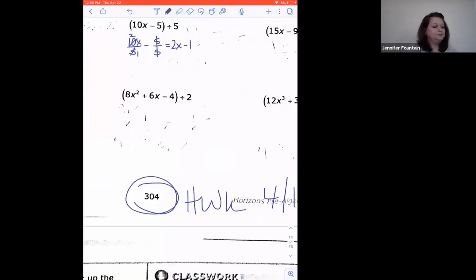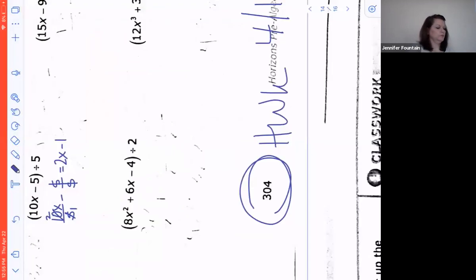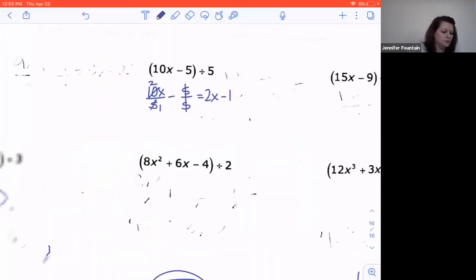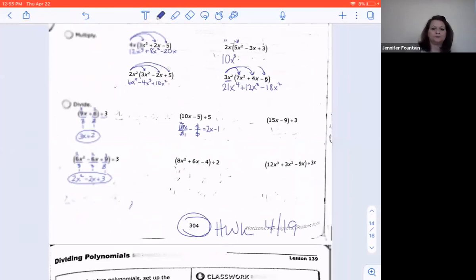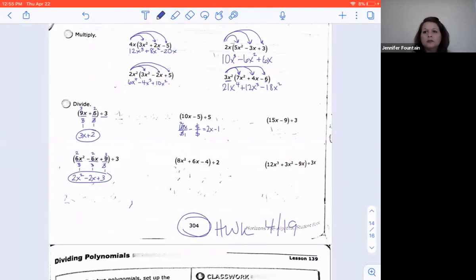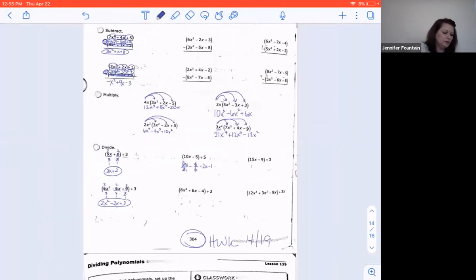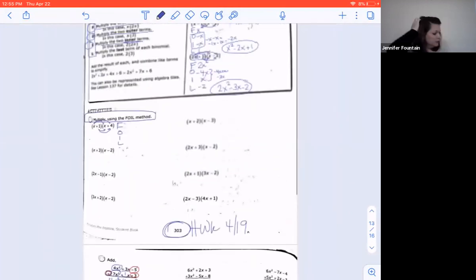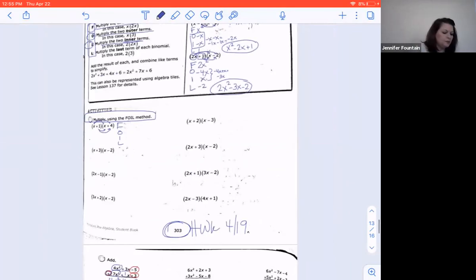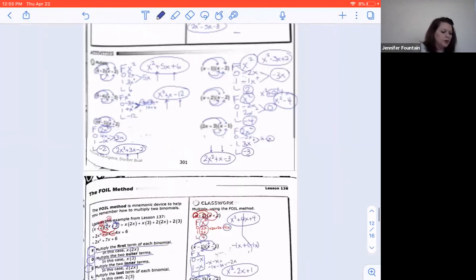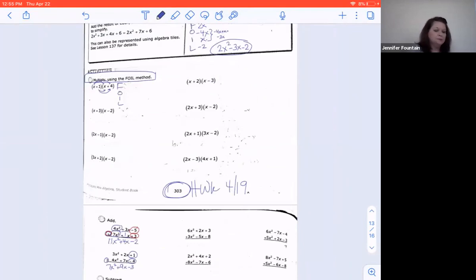There we go. Okay, so let's see. All right, so for homework, our first part was on page 303. Let's go ahead and open up to page 303. Let's go ahead and check these.